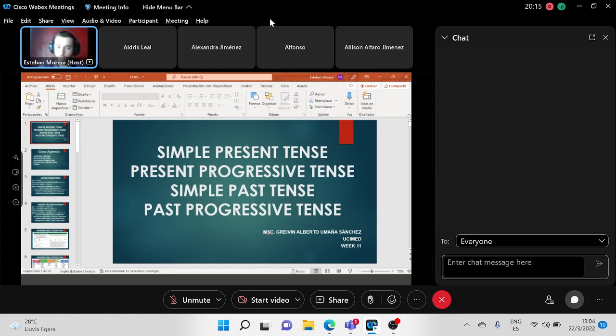Again, we talked about simple present tense. We explained what simple present tense is. We explained present progressive, and we talked about the differences and similarities between simple present and present progressive.